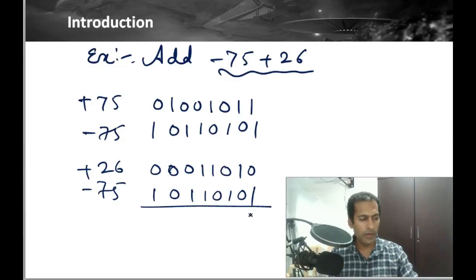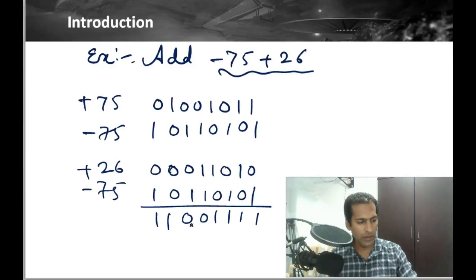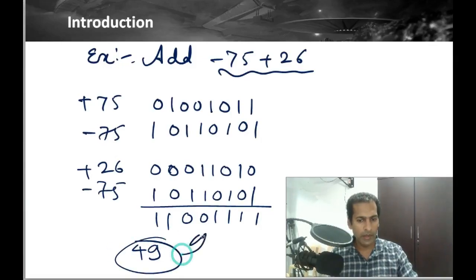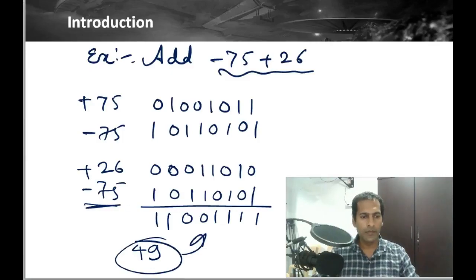So answer will be, here we will get 1, here 1 1 1, here 0, then here also 0, here 1, here 1. There is no carry. So MSB is 1, so result is negative and is in 2's complement form, and this value will come to 49. So normal subtraction also we get the same.